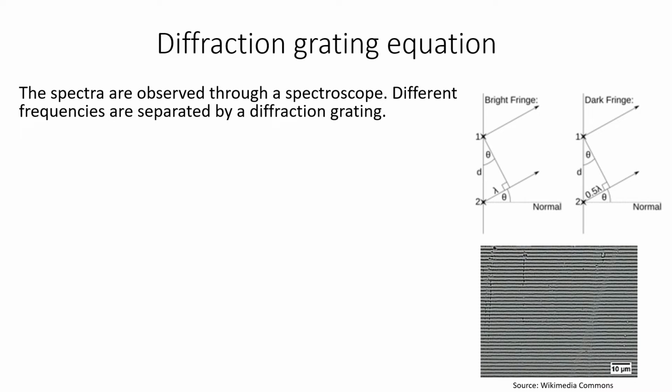And so when the distance is exactly lambda, then there'll be a constructive interference between these two beams, as you've got crests overlapping with crests and troughs overlapping with troughs. Whereas you can see on the picture on the right there, the difference between the two rays is now half a wavelength. And so this would give you the destructive interference where a crest overlaps with a trough, and this would be a dark fringe on the screen, and so you get these light and dark fringes being formed.